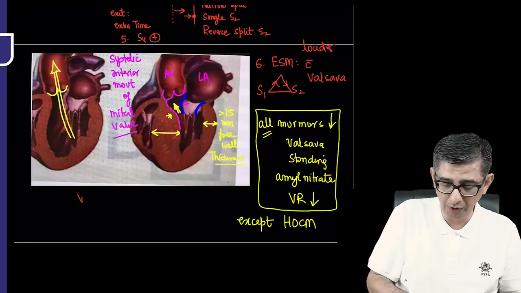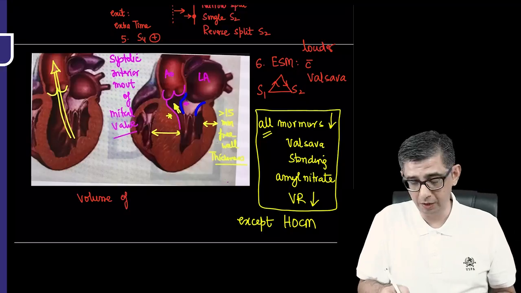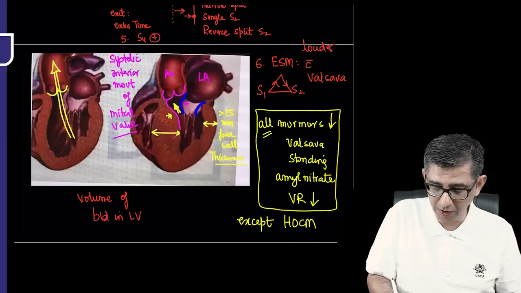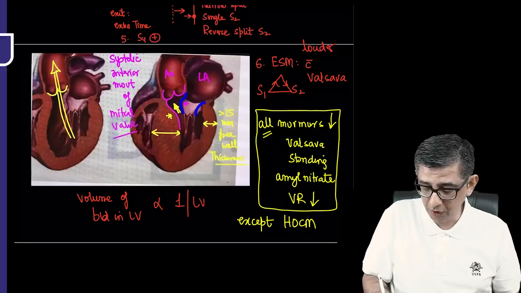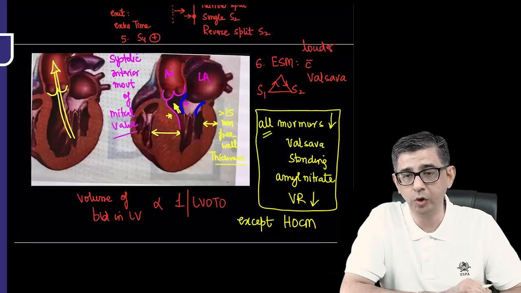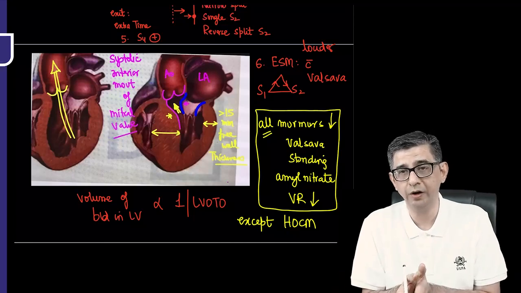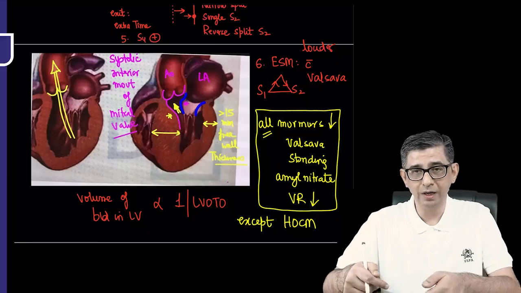We'll go into a bit of fluid dynamics here. Whatever is the volume of blood in the left ventricle of the patient, this would be inversely related to the left ventricular outflow tract obstruction. In this diagram, which is currently on the slide before you, if there is going to be more volume of blood in the left ventricle, then more volume of blood will cause separation of this tunnel per se.